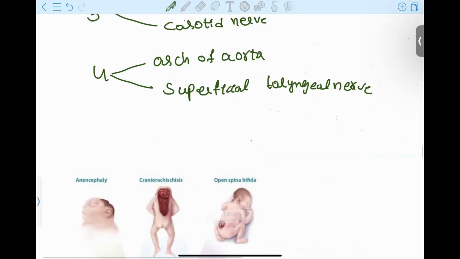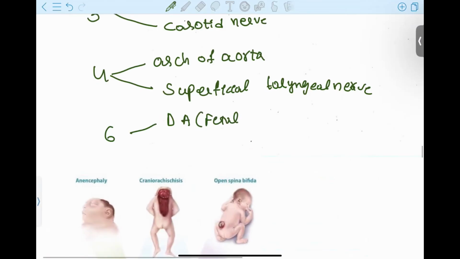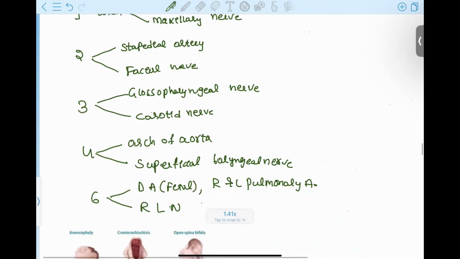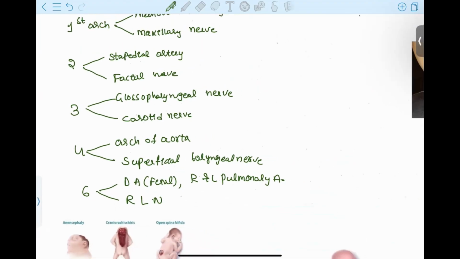There is no fifth arch. The sixth arch is going to be for the ductus arteriosus in the fetal circulation, and after that the right and the left pulmonary arteries, and the nerve is the recurrent laryngeal nerve. Okay, this is how the arches and their arteries and nerves are derived.